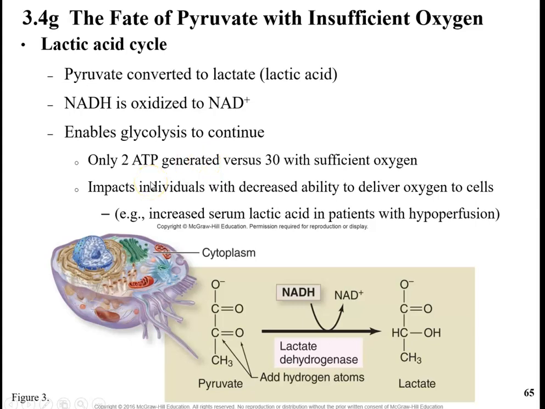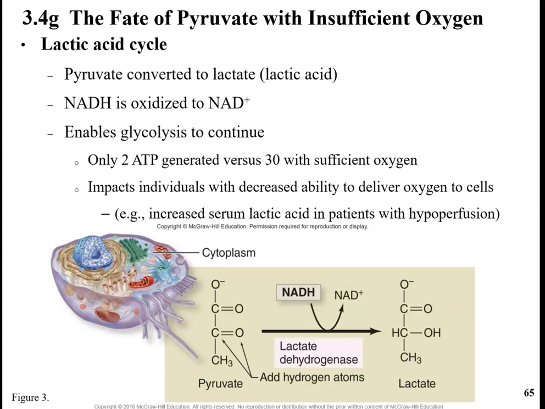So this will impact individuals who have a decreased ability to deliver oxygen to the cells. In a clinical setting, you might see a person who is unable to deliver oxygen to the cells because of shock. Perhaps they're hypovolemic, so they don't have enough blood to perfuse or give oxygen to their tissues and their cells. So one thing you might do in a patient who is in shock is check their serum lactic acid, or how much lactic acid has built up in the bloodstream.